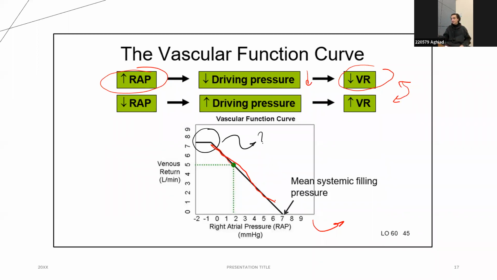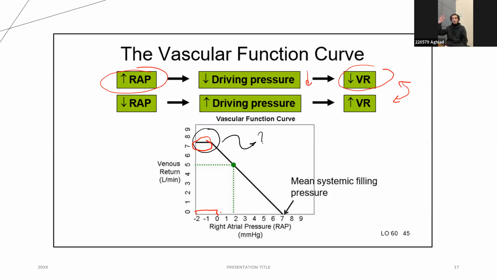Is that clear? Now, I put a question mark here, right, of why this is flattened, right? And that is basically, real quick, just due to the decrease of pressure below zero, the veins start to collapse, right? And that's why you couldn't really push the blood anywhere, right? But that's just for your information, to understand the graph even more, right?